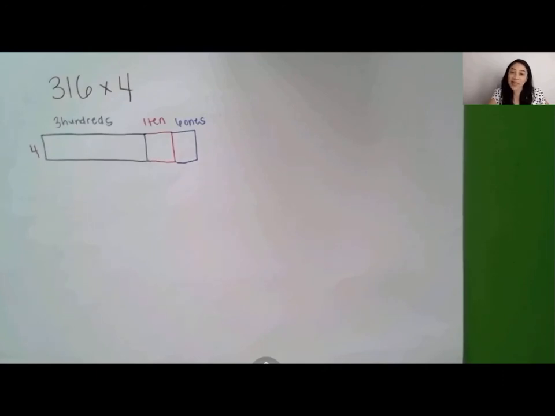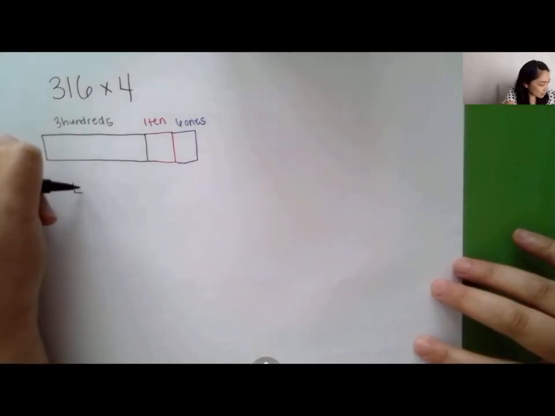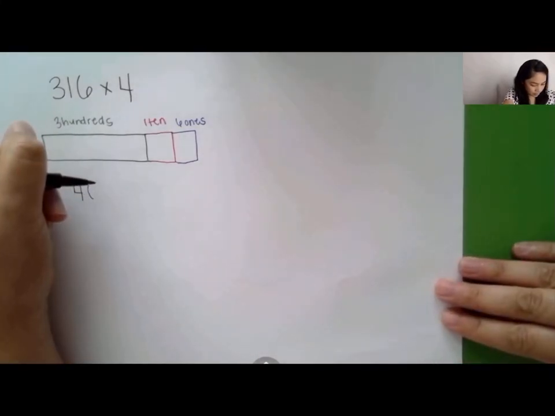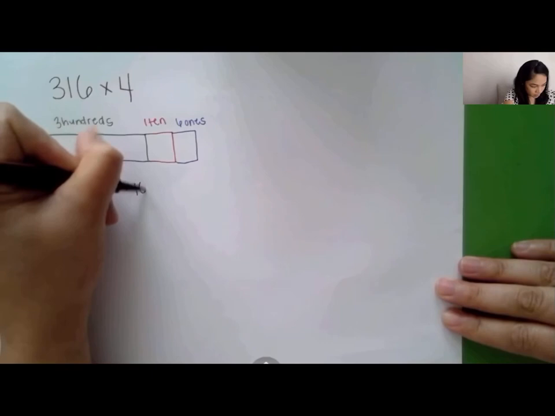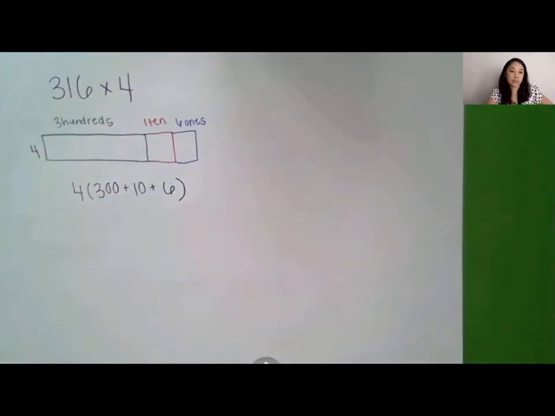How can we solve this problem using the area model? We're multiplying 4 times 3 hundreds, 1 ten, 6 ones. Perhaps in another class you learned about distributive property.